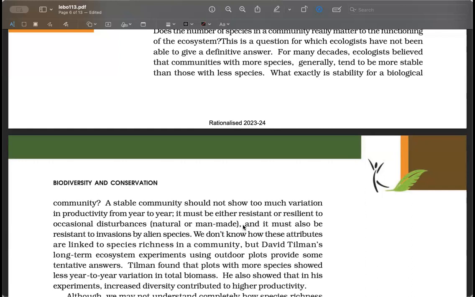And to be able to do so, the community should be resilient. Even if there is a disturbance that's about to come, the community, whether it is the herbivorous, the producers, the consumers, they should be able to find ways to tackle it, right? Yeah.